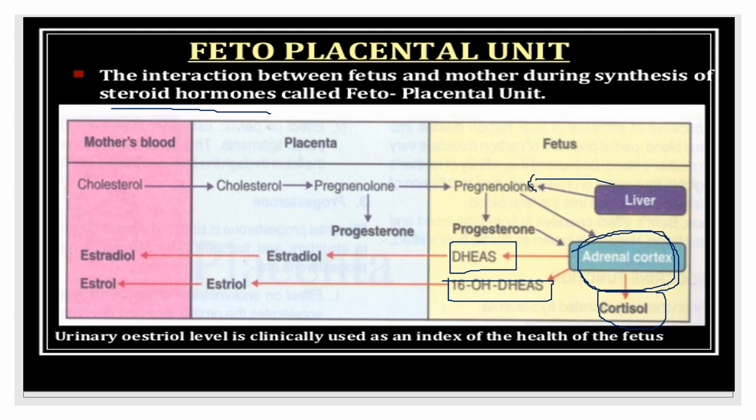So this DHEA and 16-hydroxy DHEA will be transported back to the placenta, and from the DHEA there will be formation of estradiol. From 16-hydroxy DHEA there will be formation of estriol. They will be released into the maternal circulation. Now, fetal 16-hydroxy DHEA is the principal substrate for the estrogen.